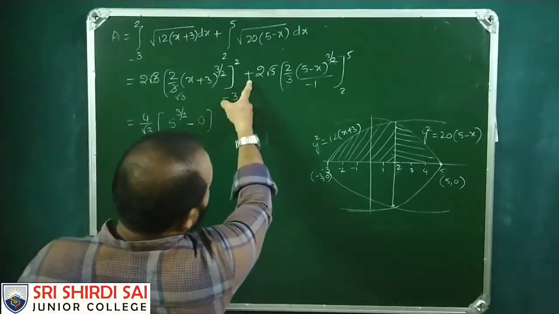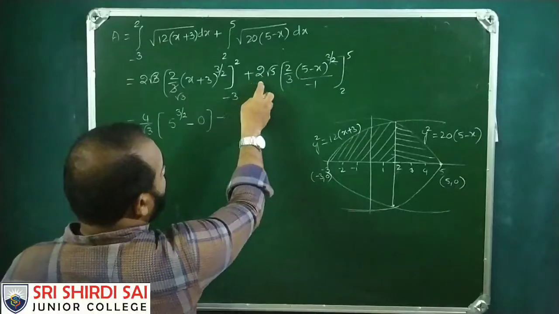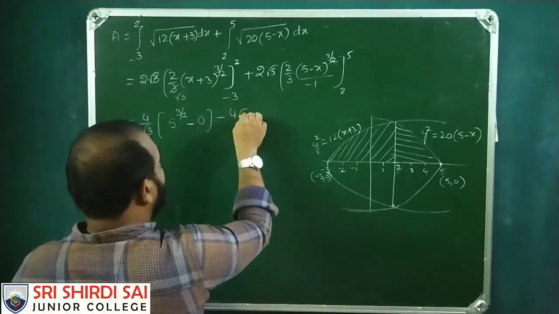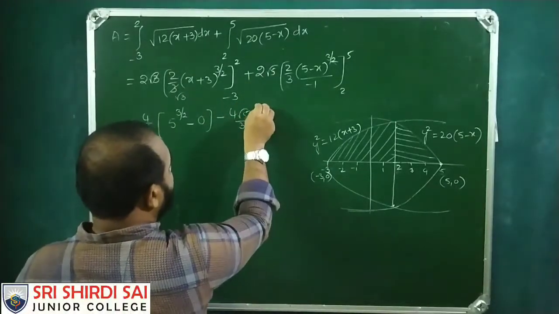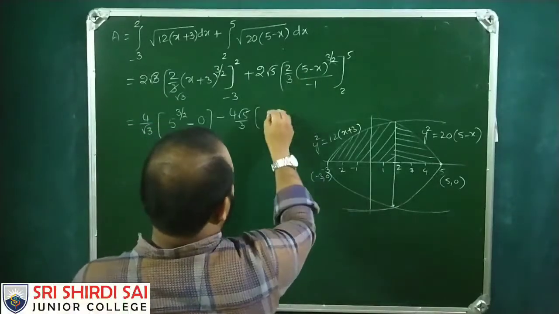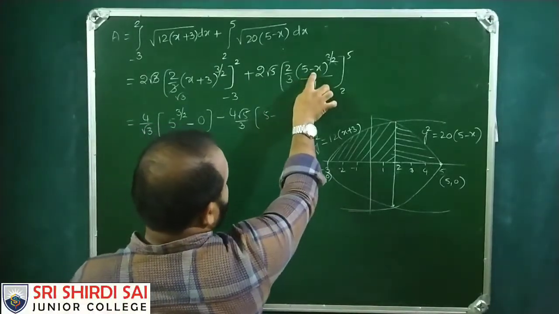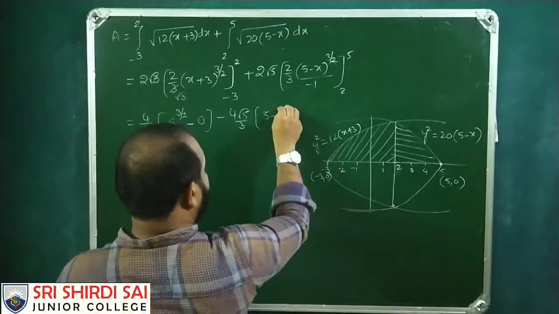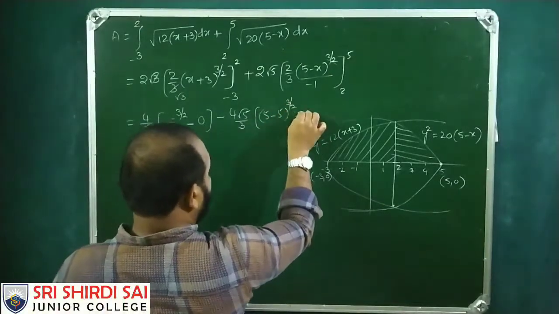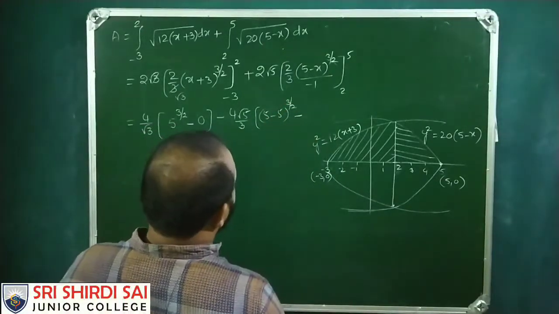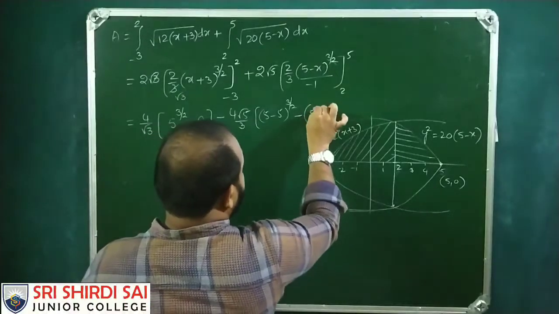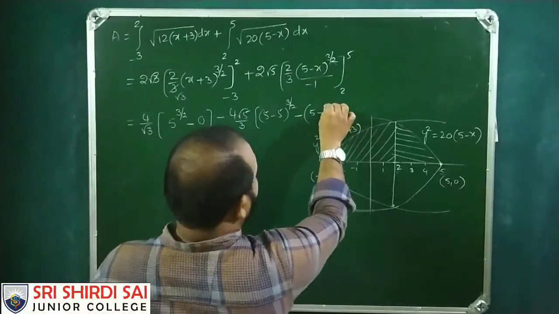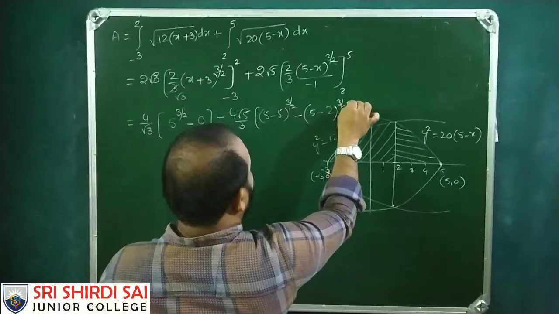This is plus into minus, so minus 2 2s are 4 root 5 by 3 into, here 5 minus upper limit x is 5 power 3 by 2, minus lower limit, 5 minus x value is 2, whole power 3 by 2.